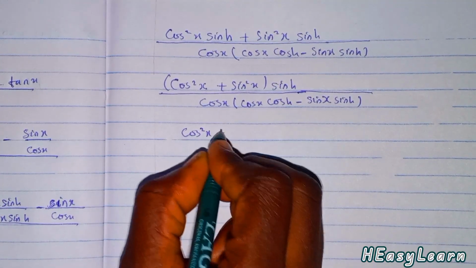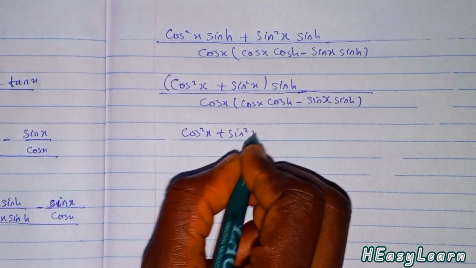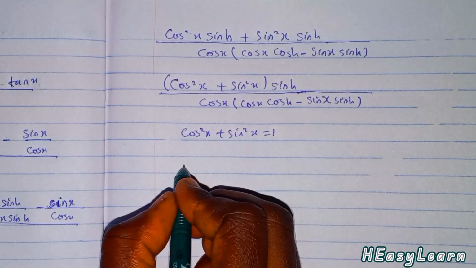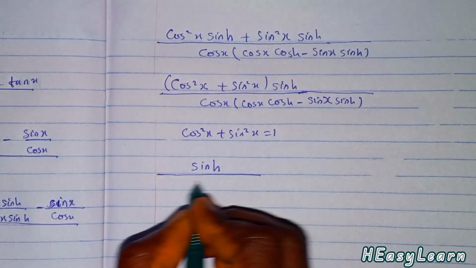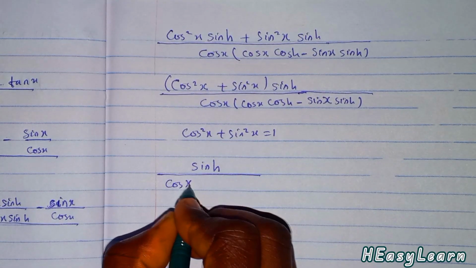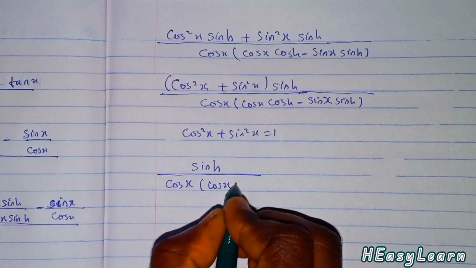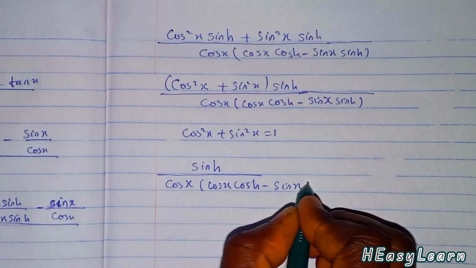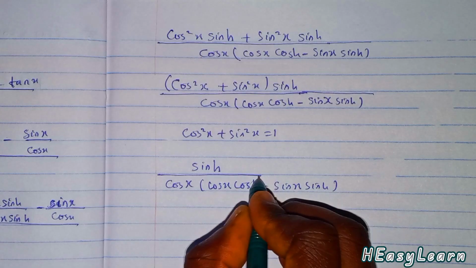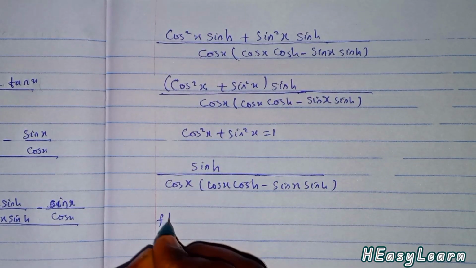Cos square x plus sin square x is equals to 1. So the numerator is only sin h over cos x cos h minus sin x sin h.